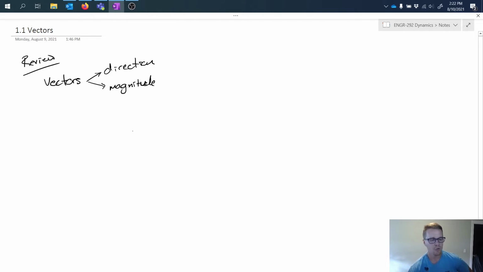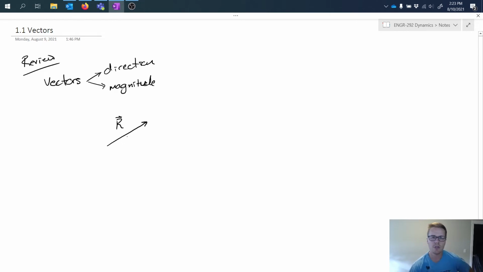So if I draw a vector, a graphical representation of a vector is usually done with an arrow, and I might label that. I'm going to label mine R, and oftentimes I'll put this little arrow symbol on top of it to indicate that I'm talking about a vector. Now, to define this vector, we need to know exactly those two bits of information that we've already described, the direction and the magnitude.